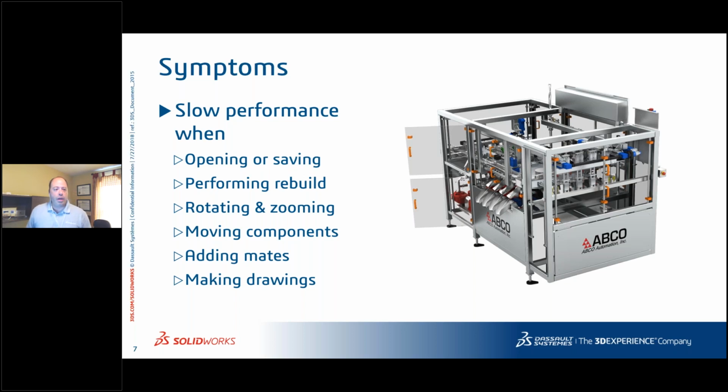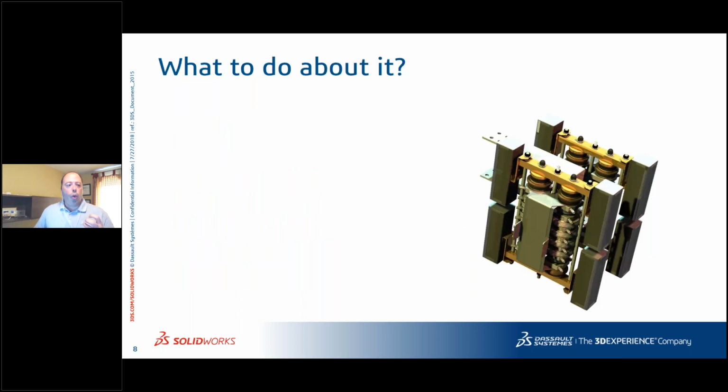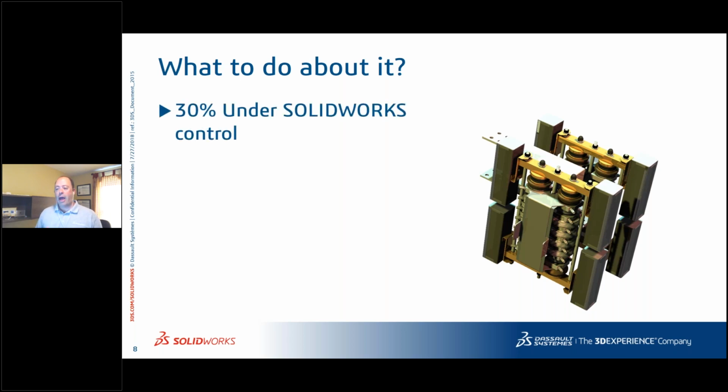So the next thing I want to talk about is what to do about it. Right now with technology, and SOLIDWORKS is putting a lot of effort into helping with that, when you look at a large assembly, about 30% is under SOLIDWORKS control, things we can do to the software to make it go faster.